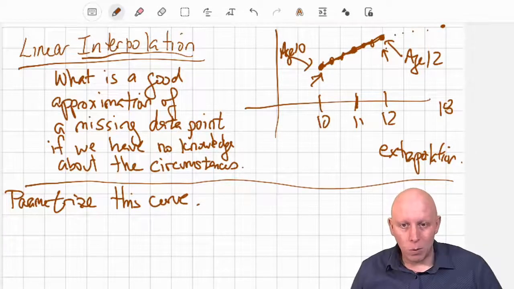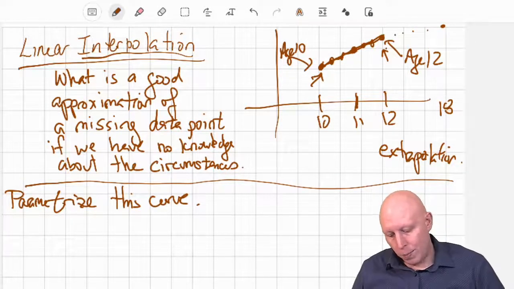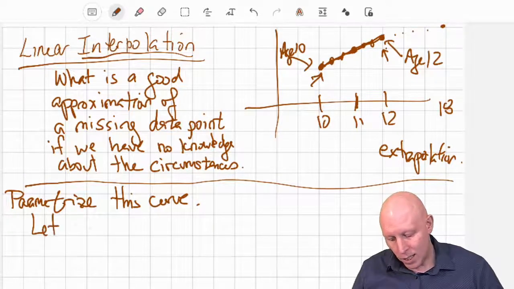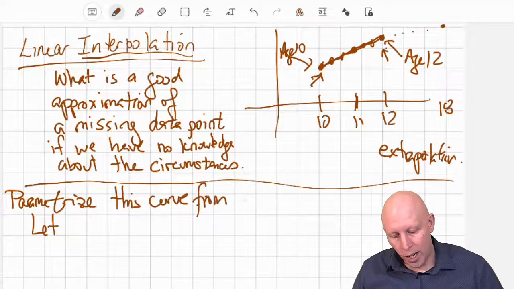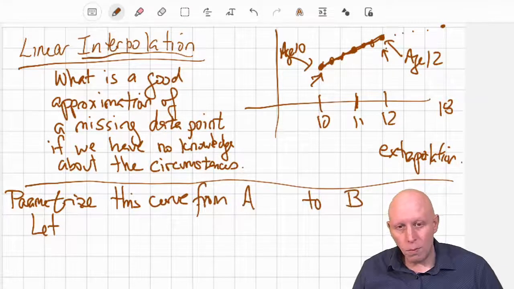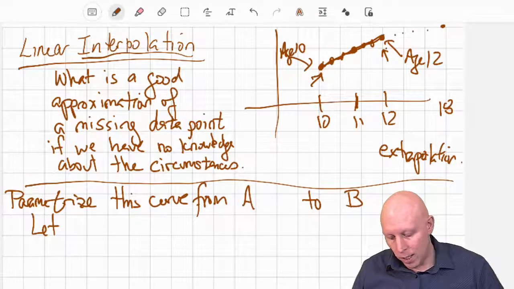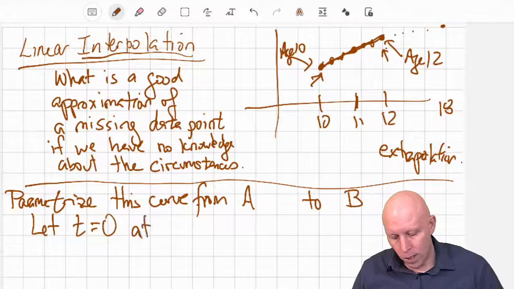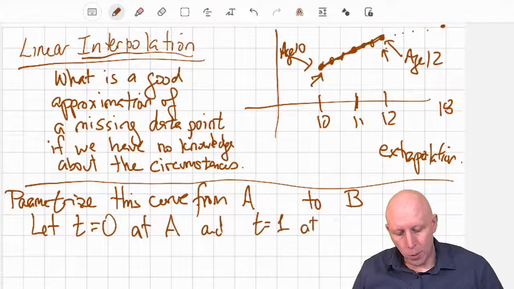Now it's a line, but we'll still call it a curve. Parametrize this curve, and we'll say let the curve go from point A to point B. All right, and we're going to let t be equal to 0 at point A and t be equal to 1 at point B.